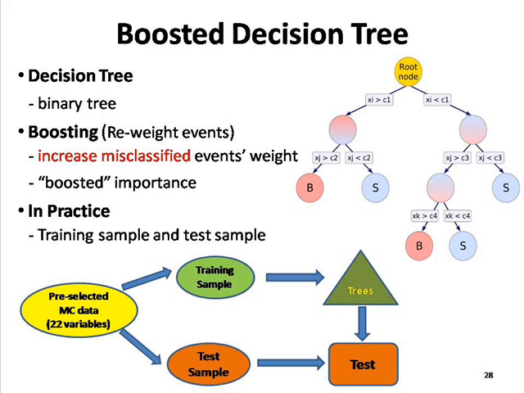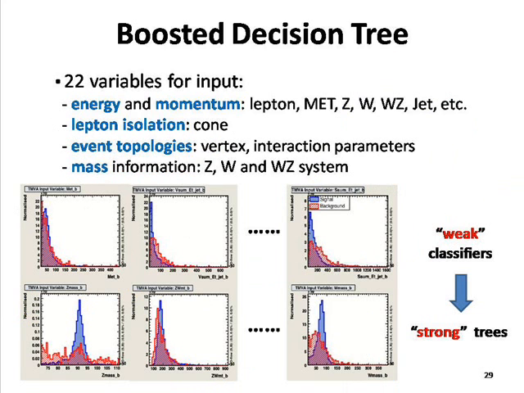In practice, we divided the data set into two samples. One is used as a training sample to build the tree. The other is used as a test sample to validate the tree. Here we input 22 variables. The input variables pretty much originate from the pre-selection criteria: energy, momentum, lepton isolation, event topology, and mass information.